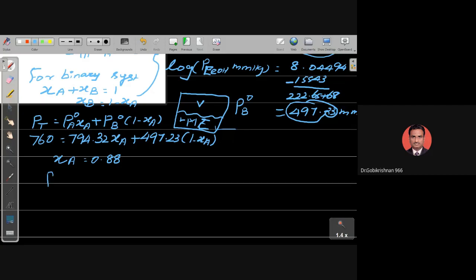Partial pressure of A divided by total pressure is equal to YA. This partial pressure I can replace with this one. Partial pressure of A is equal to equilibrium vapor pressure PA0 times XA. Therefore I can write YA, which is the mole fraction in the vapor state, equal to PA0 XA divided by the total pressure here.